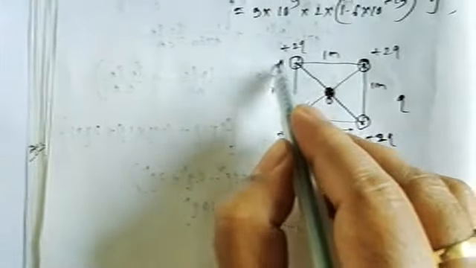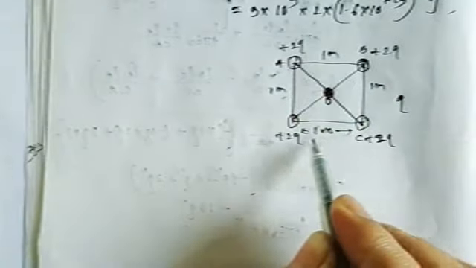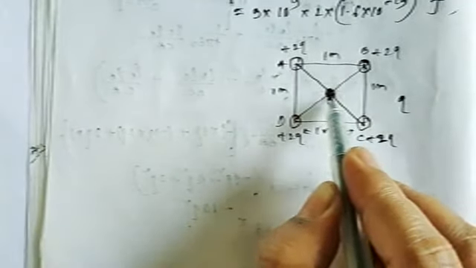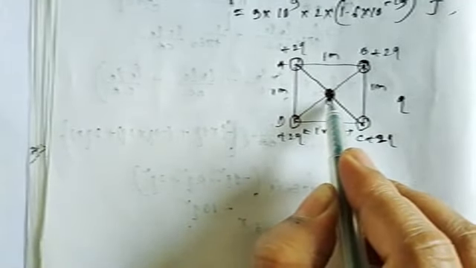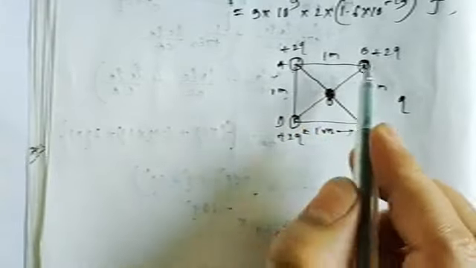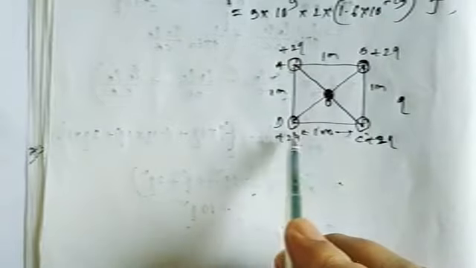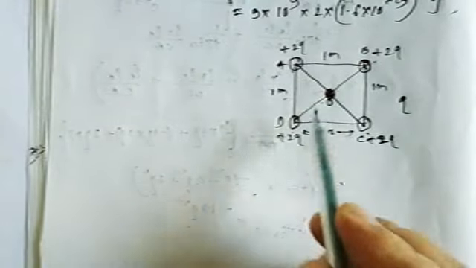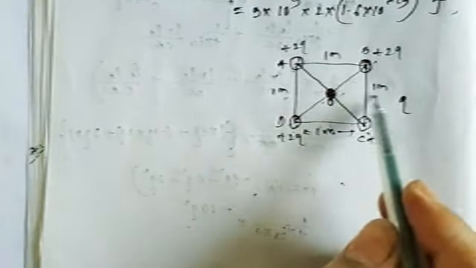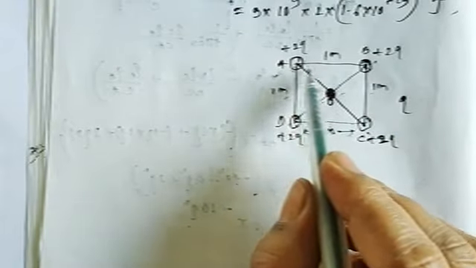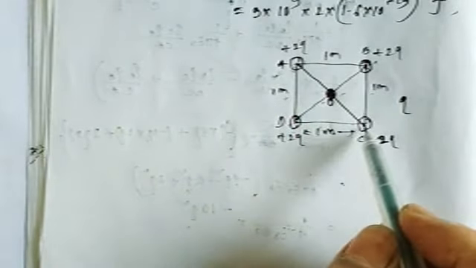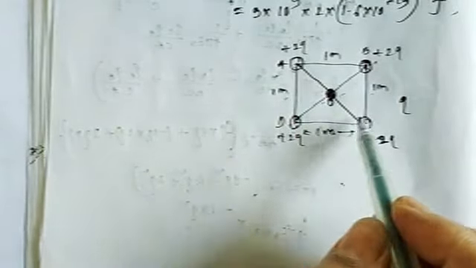Now let us assume A, B, C and this point is D. Now the potential at the point O due to A, B, C and D will be the same because all the charges are plus 2q and all are at equal distance. As this distance is 1 meter, this diagonal will be root 2.